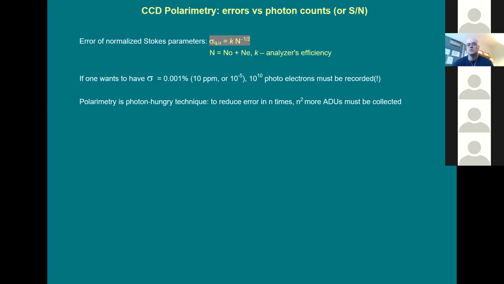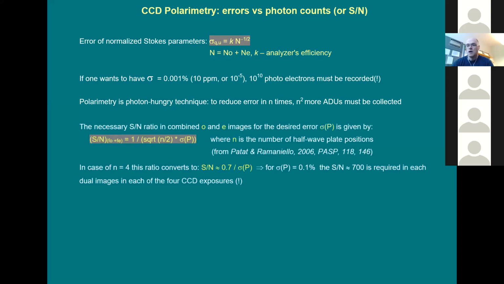So polarimetry is a photon hungry technique. If you want, for example, to reduce an error, let's say 2 times, 4 times more electrons must be collected.